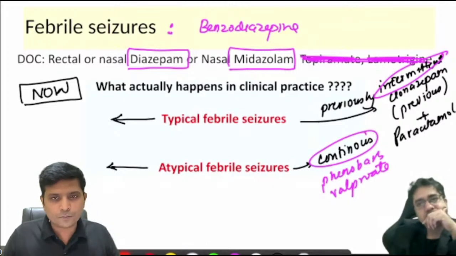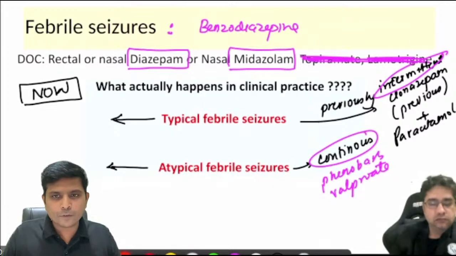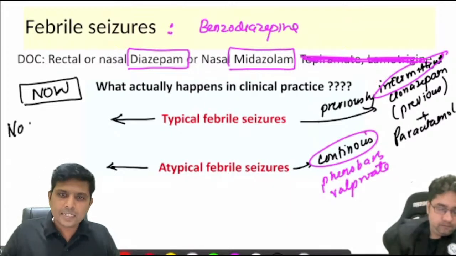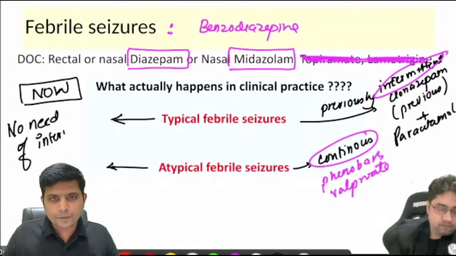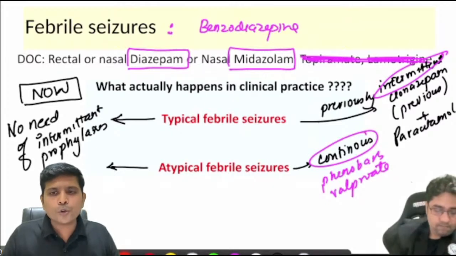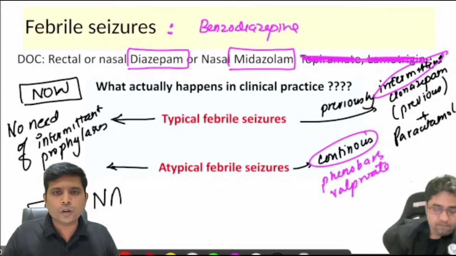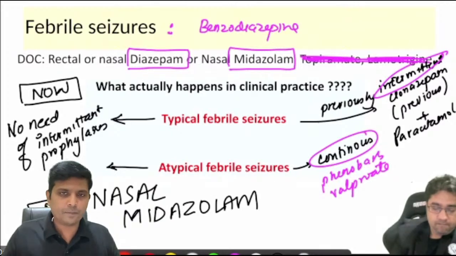As a result, the current proven guideline is no need for any intermittent prophylaxis. When the seizure comes, whether it is typical or atypical, you can use nasal midazolam at home. Parents should be taught how to use a nasal midazolam spray. This is the current guideline being followed in pediatrics.